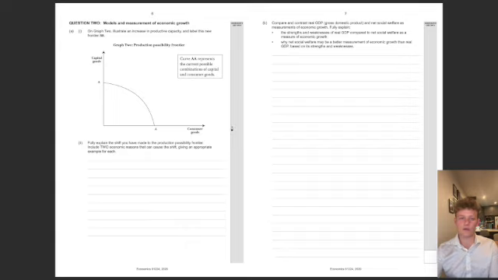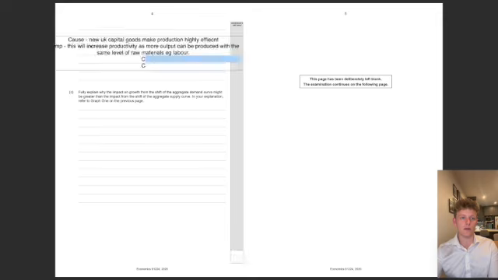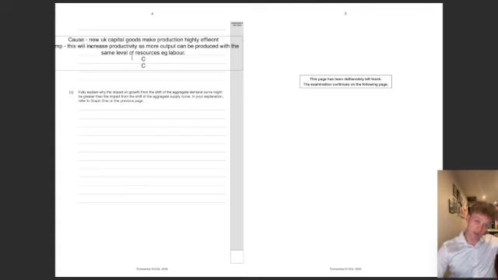In fact, let's not call labor raw materials. Let's call it resources, e.g. labor.